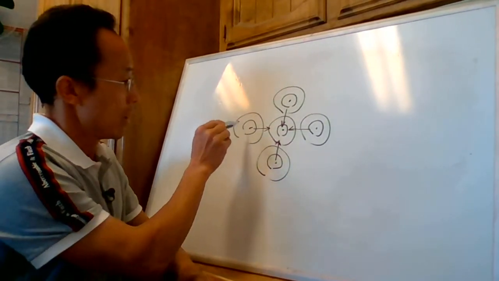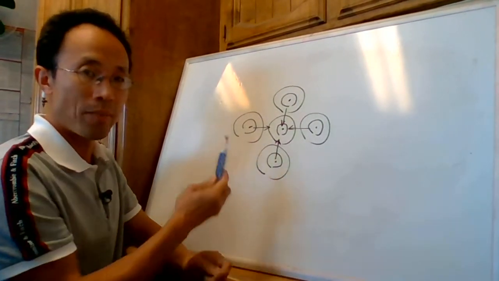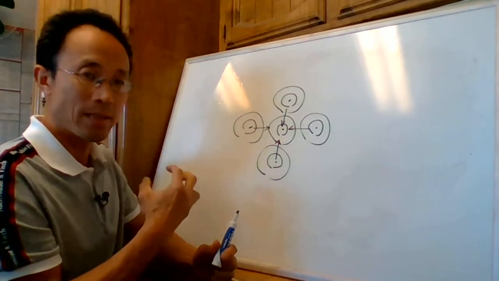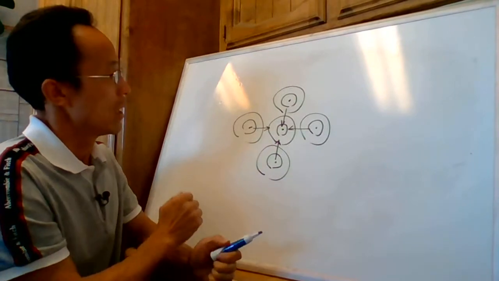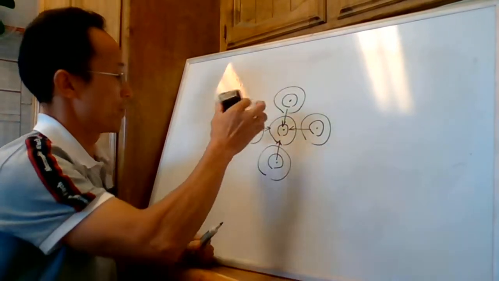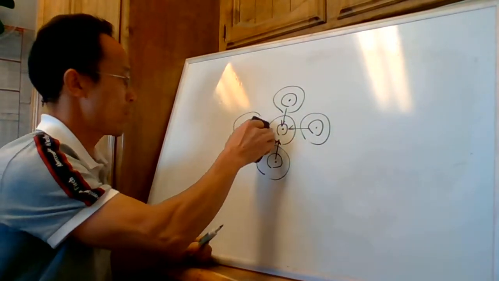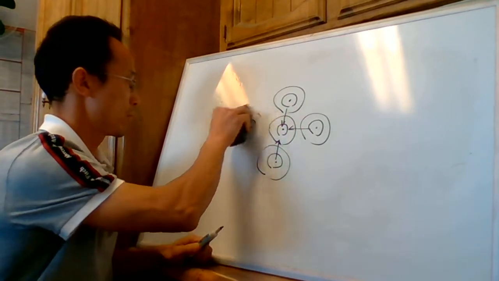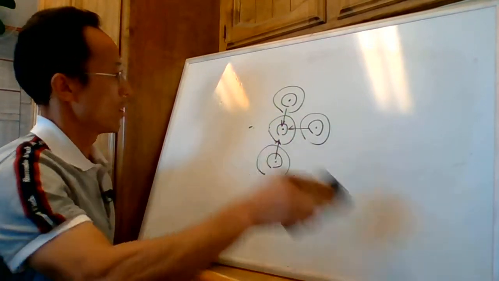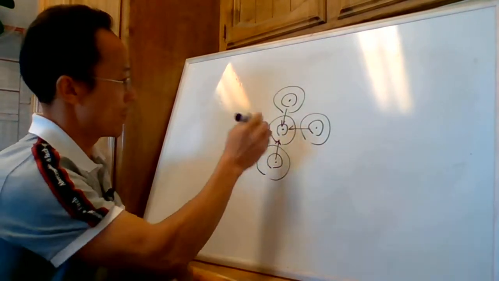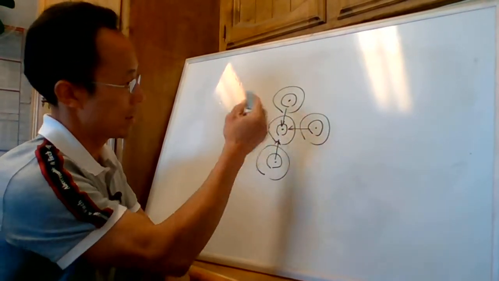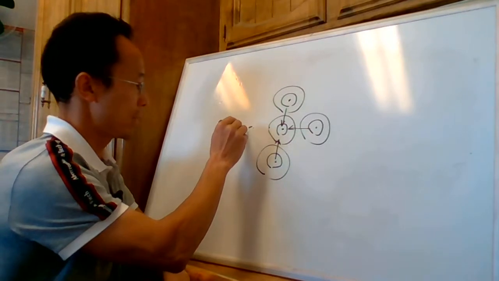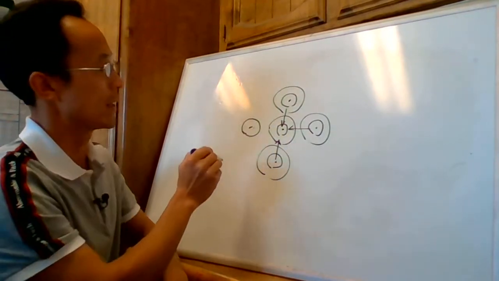Now, assuming this is the gravitational source. A gravitational source is a source with a lot of mass which prevents space frames from moving out. So from this source, fewer space frames will come out from this side. So this one, you have 2 coming out at a certain point in time, and from this source, only 1.